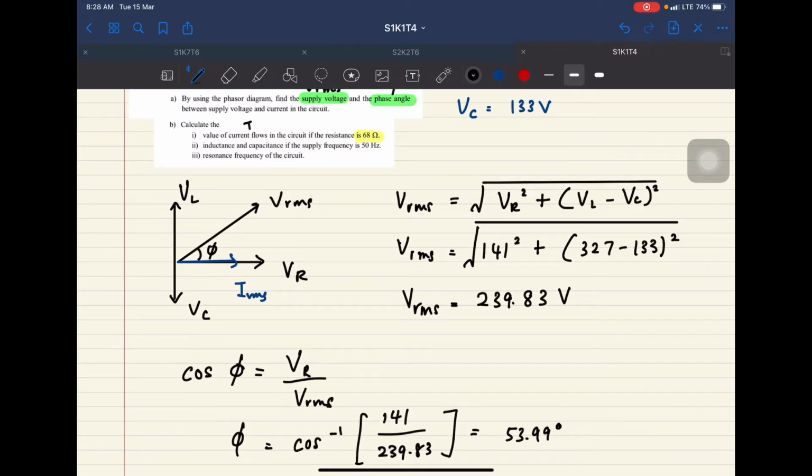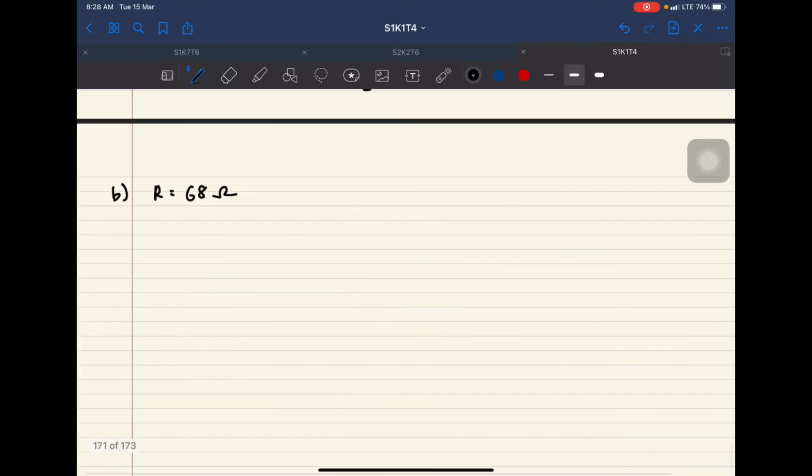So basically your I RMS. Since they give you R, you can use Ohm's law. V is equals to I R. But remember, current is RMS because we only have one value for current. But V here would be VR, because you partner it with R.